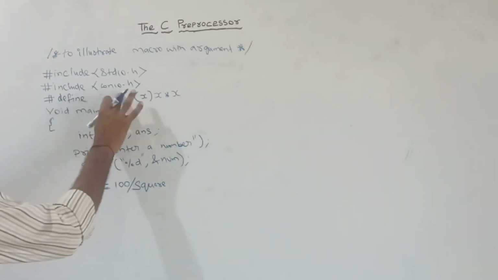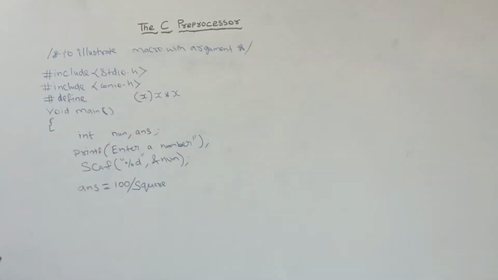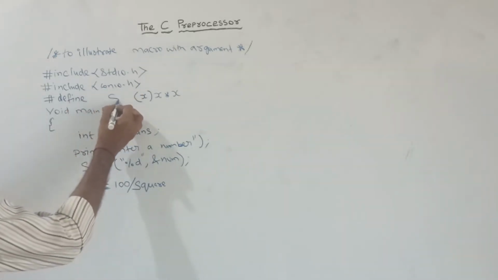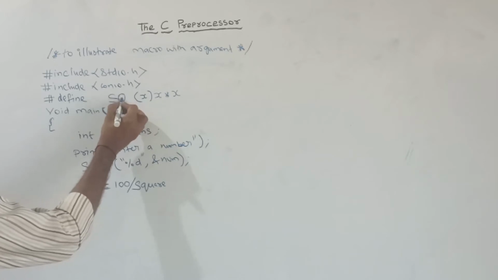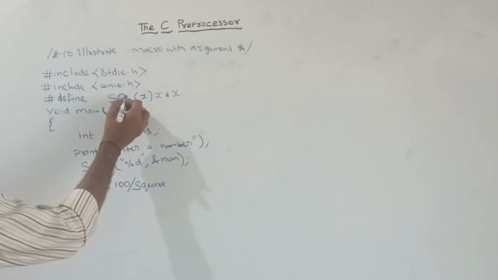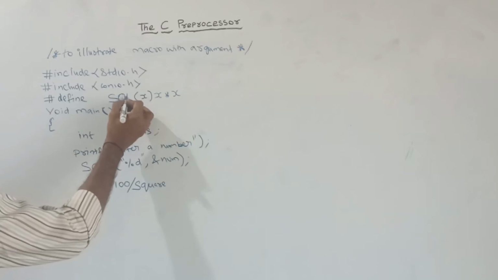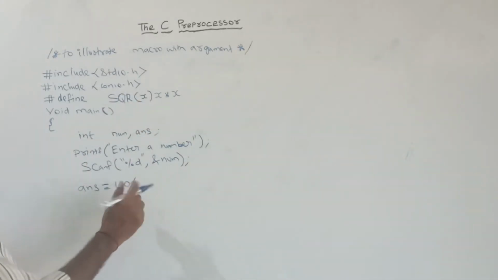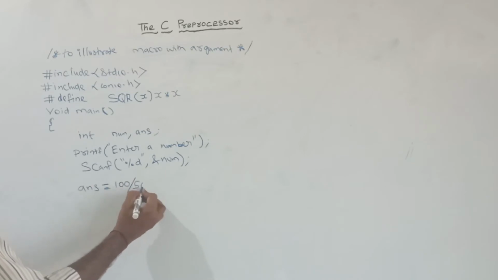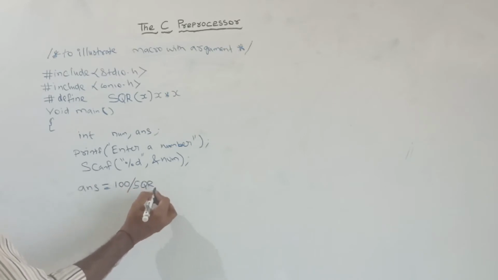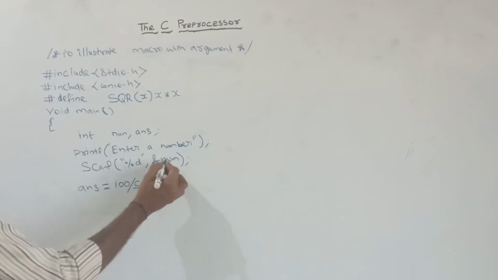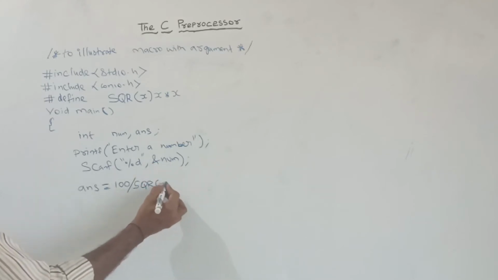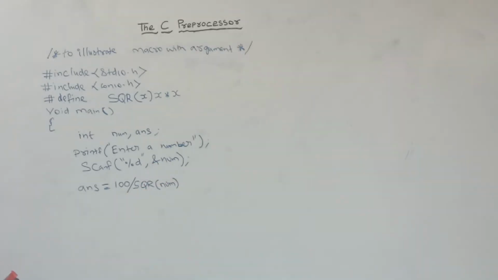If you are giving in capital letters, then we can easily identify that we have defined it as a macro. So here let us assume the macro name as SQR. Capital letters S Q R of, here inside I am passing the value num. Next here I am telling to print this answer.